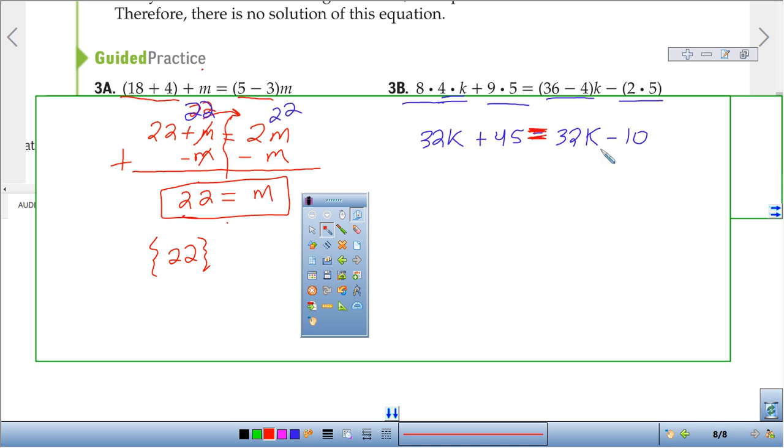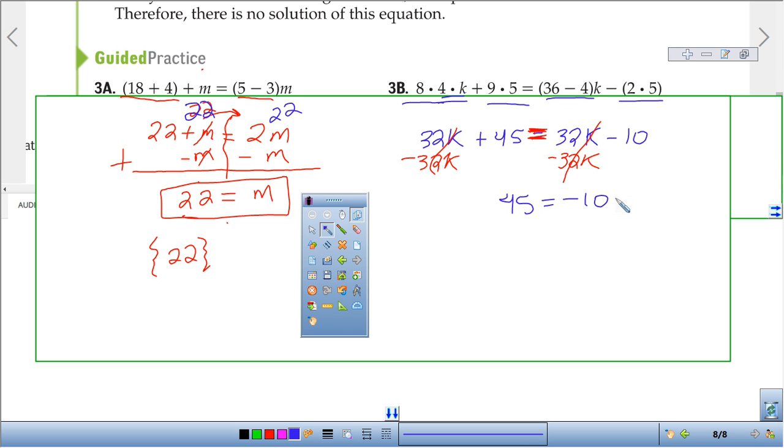If I see 2 things that are exactly the same on either side of the equal sign, cancel them out. Okay, they have to be on the opposite sides. Okay, why can you do that? I'll explain to you why. I always want to use this or move the smaller one, so I'll get rid of this one. But if it's the same thing as this one over here, they're both going to cancel out. And what does it leave me? It leaves me 45 is equal to a negative 10.